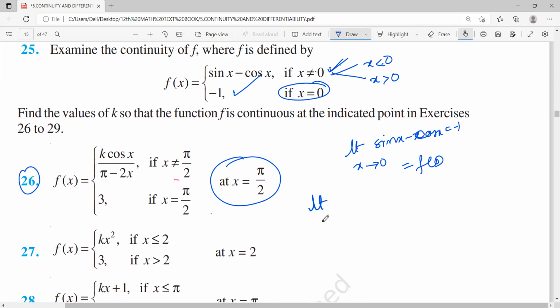So now limit x tends to pi by 2 of k cos x by pi minus 2x is equal to f of pi by 2, which is 3. Limit x tends to a of f of x is f of a.